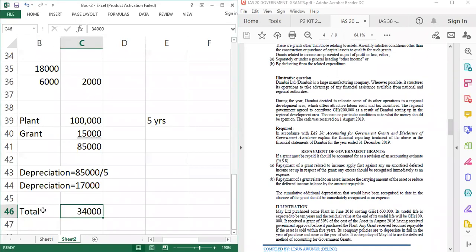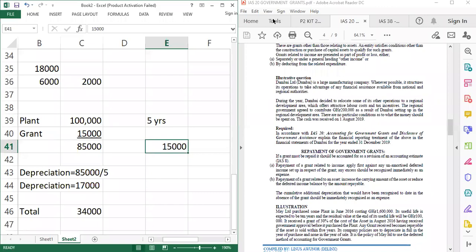So assuming we are taking the grants, our annual depreciation will be 17,000 and total depreciation for the 2 years will be 34,000. But they are saying that at the beginning of the 3rd year, the company was not able to comply with the terms and conditions attached to the grant. So the grant becomes repayable.